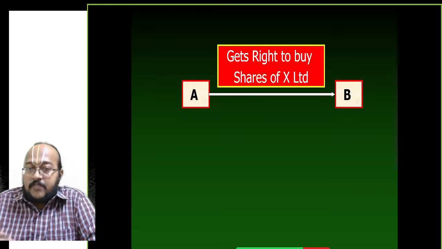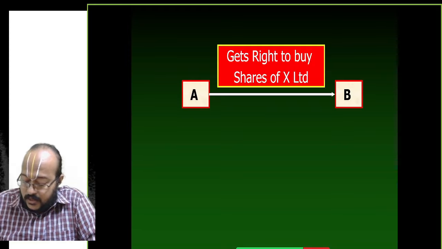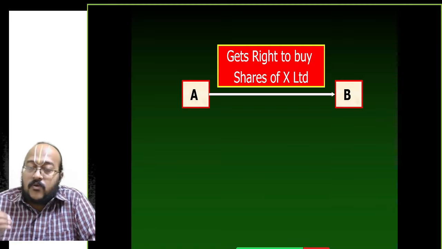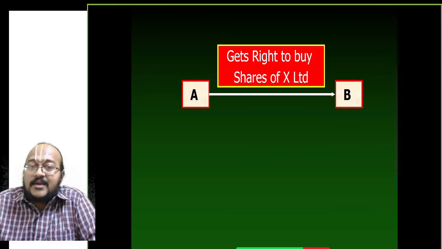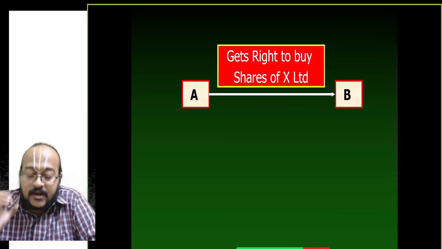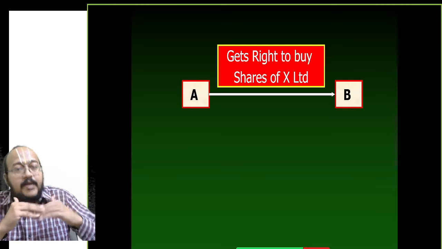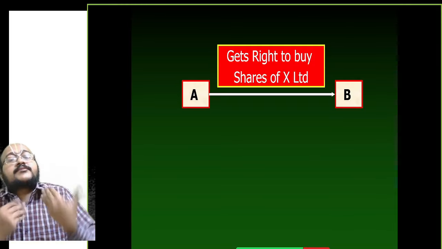A and B, wherein A purchases the call option. What is call? He gets a right to buy the shares of X Limited. Underlying asset is X Limited. Based on the underlying asset, an option contract is created.